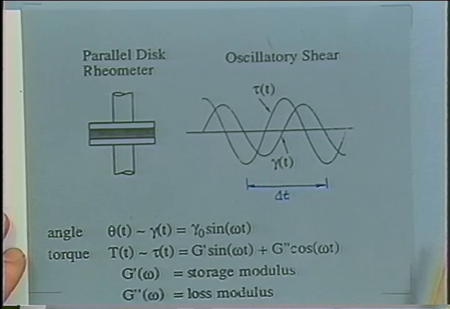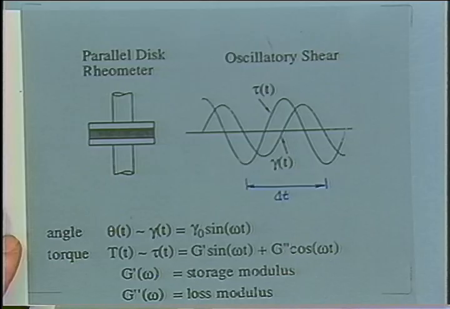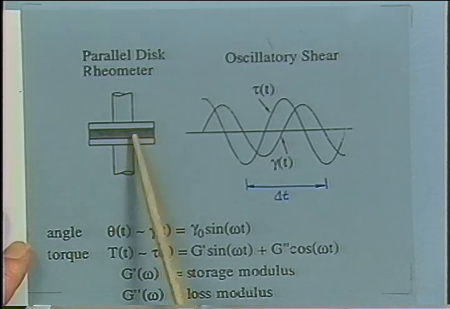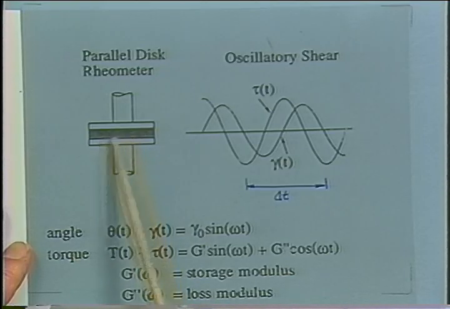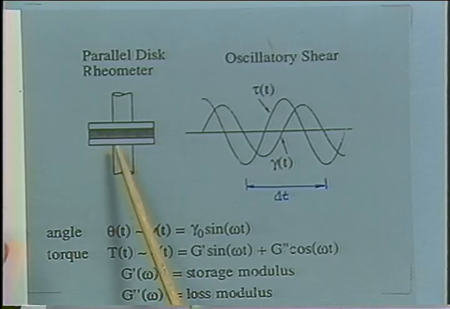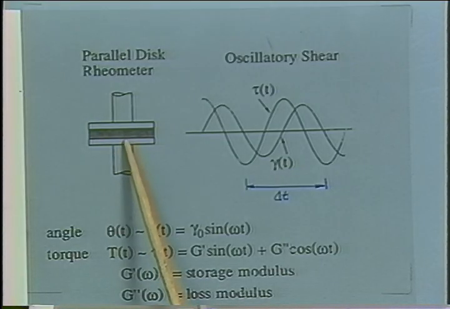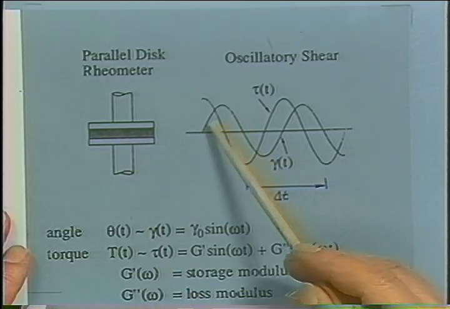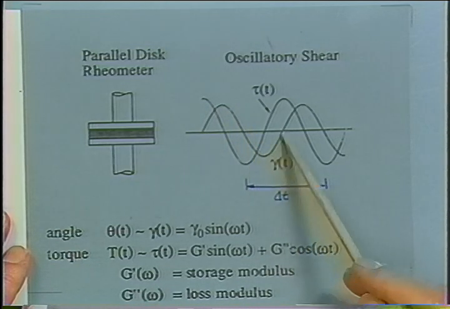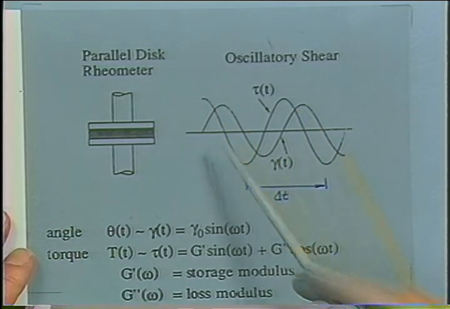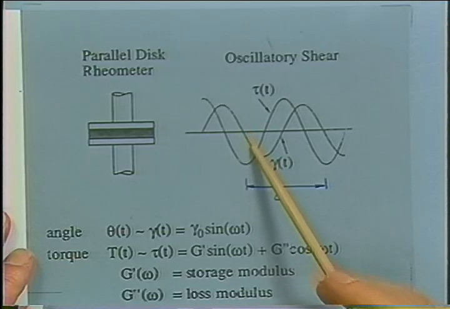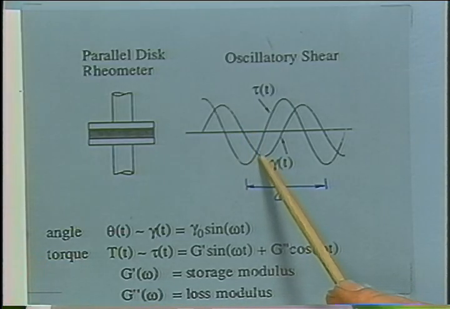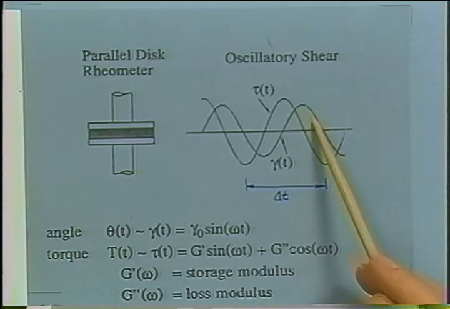One of the most popular experiments to characterize the material behavior is the oscillatory shear. The material is put between two plates. In this case, they are rotating with respect to each other, but you could also have a sandwich with relative motion of two surfaces. The important thing is that a strain is imposed on the material, which always goes back to 0, then goes negative, and then comes back to 0, and again back to 0.